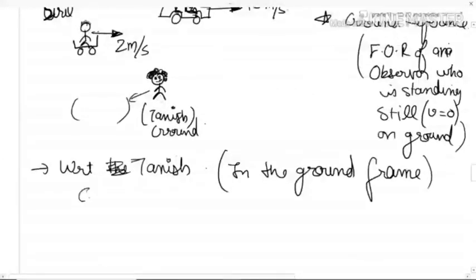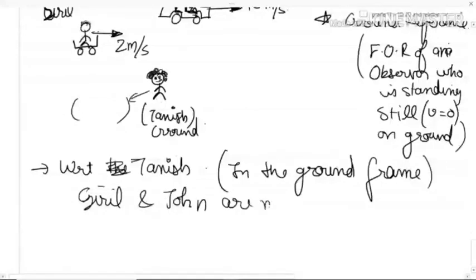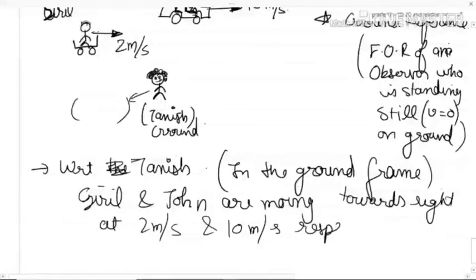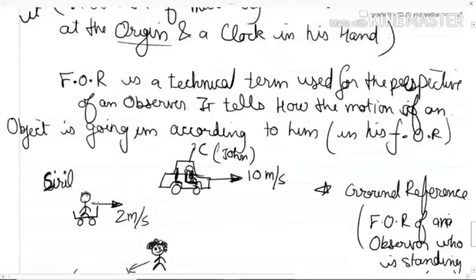So in the ground frame, Cyril and John are moving towards the right at 2 meters per second and 10 meters per second respectively.